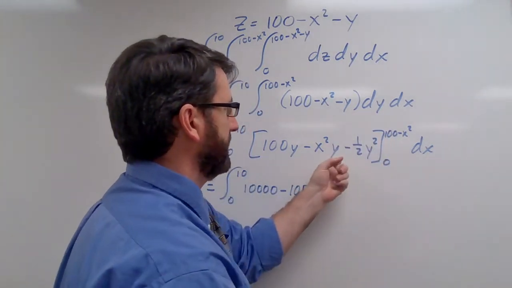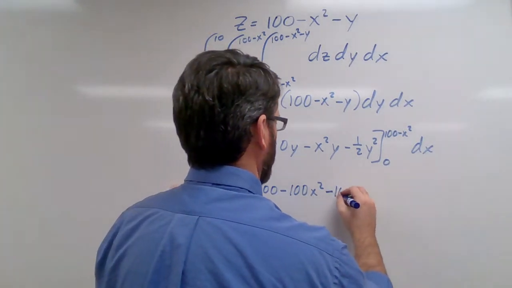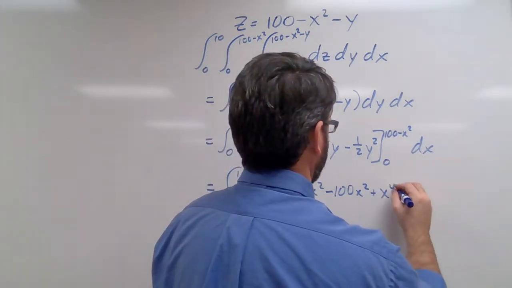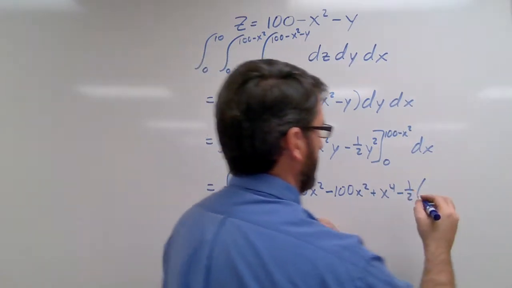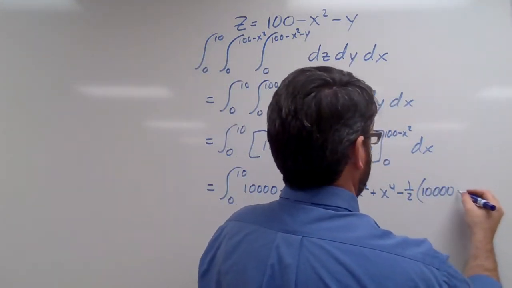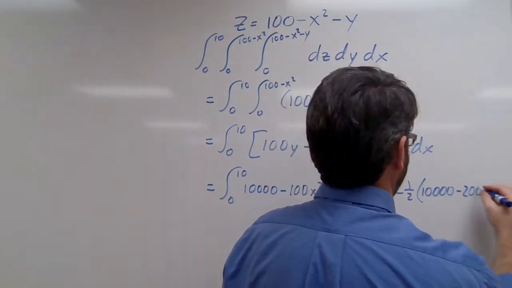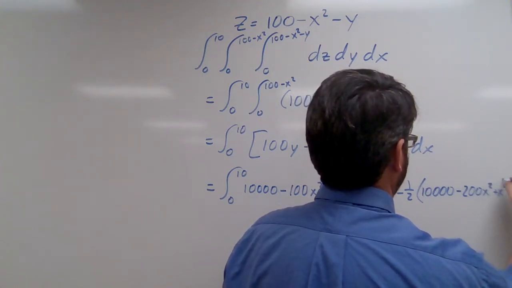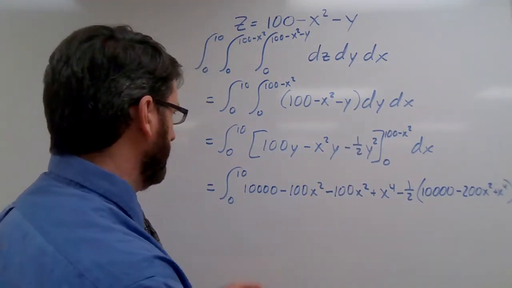Then plugging in 100 minus x squared for this y, we get minus 100 x squared plus x to the 4th minus 1/2 times this squared, which is 10,000 minus 200 x squared plus x to the 4th dx. All right.